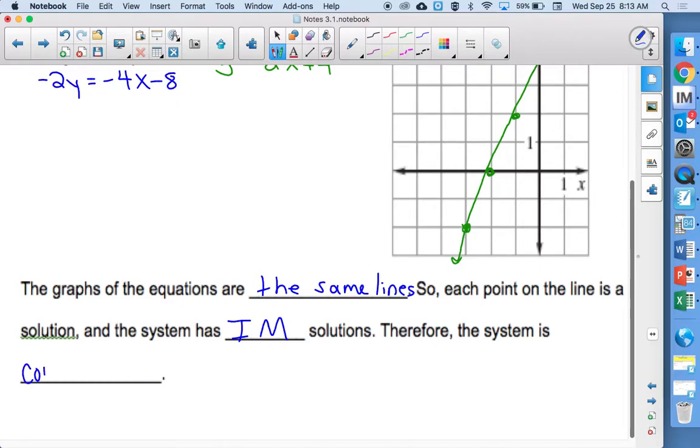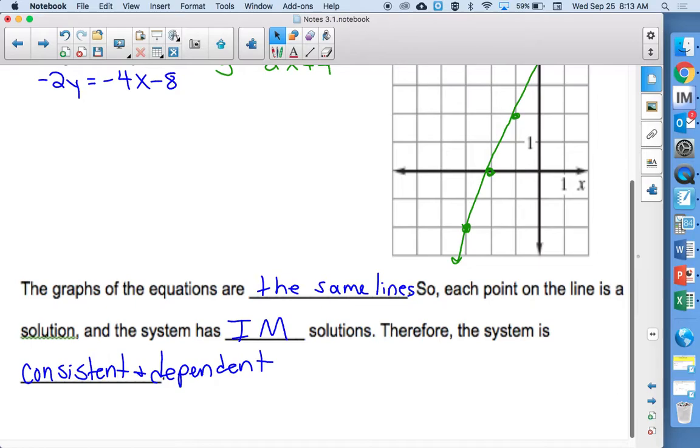So this is consistent and it's dependent. If you haven't started the next one, see if you can start that next problem for part B. Again, you might be able to tell just by looking at the equations what type of system you're going to have.